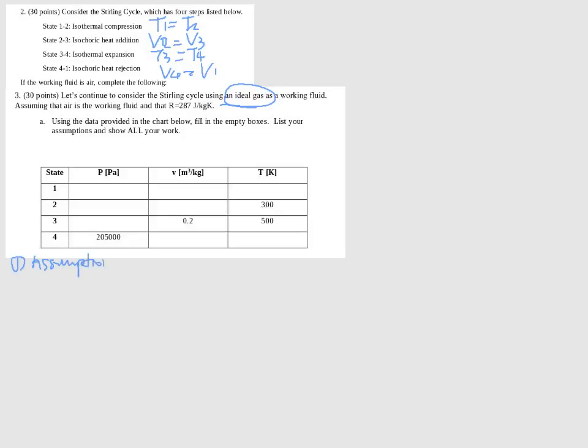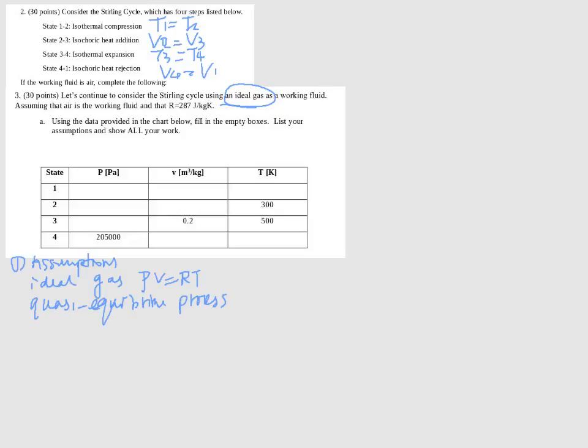Assumptions. We're already told that it's an ideal gas, so let's assume it's an ideal gas so we can use our PV equals RT equation later. Additionally, we're also going to assume this is a quasi-equilibrium process. Forgive my handwriting.